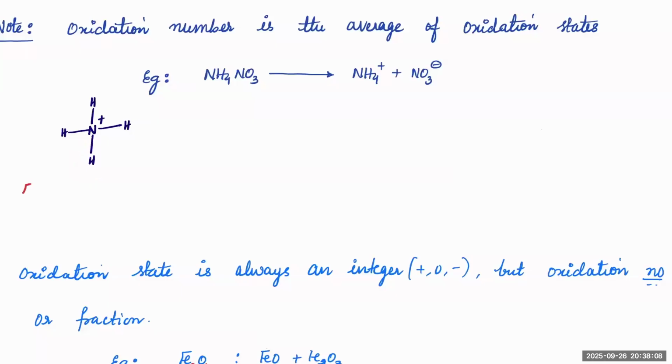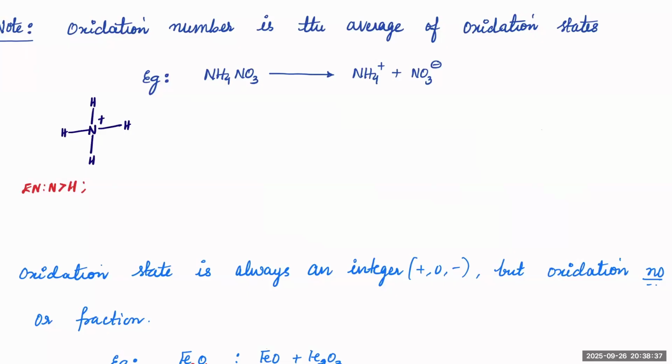If you notice electronegativity-wise, nitrogen is more electronegative than hydrogen, which means nitrogen will gain the electrons from hydrogen. Of course, it is not an ionic bond, it is a covalent bond, but there is a partial movement of charge more towards nitrogen in terms of electrons, which means hydrogen will start losing electrons as well.